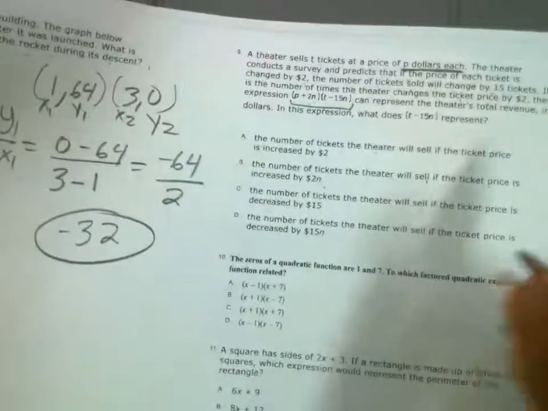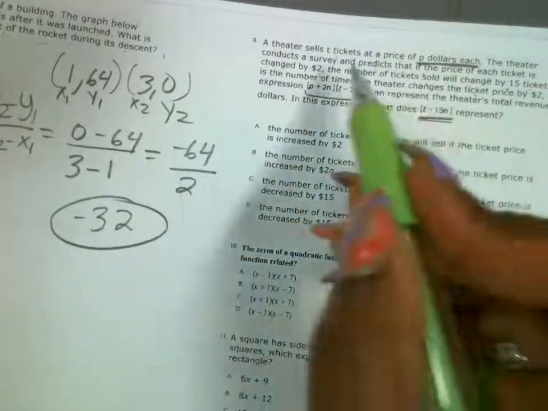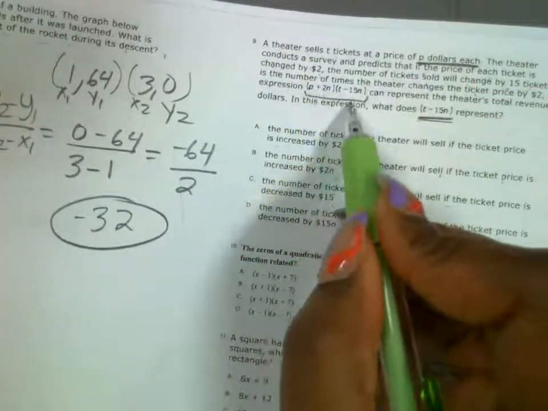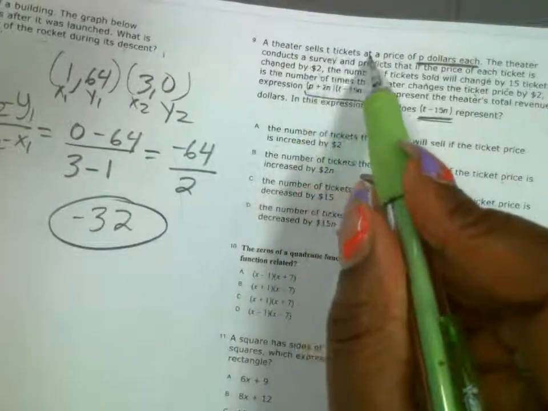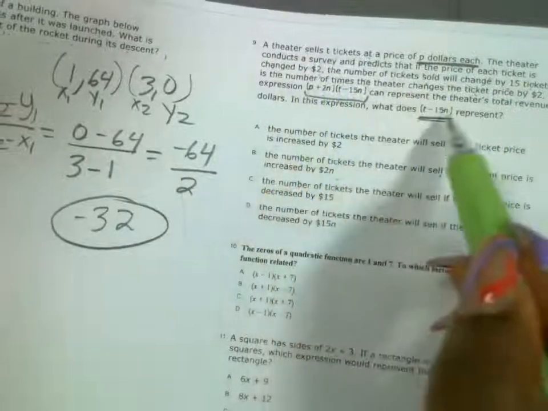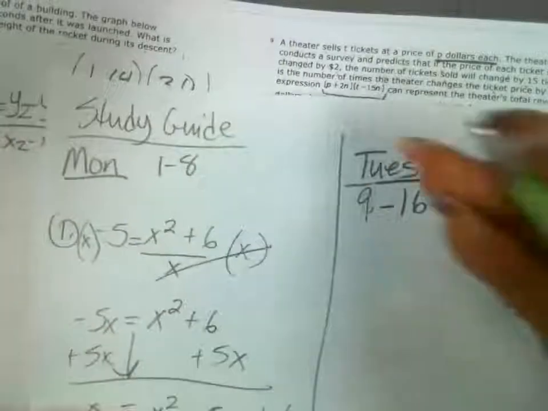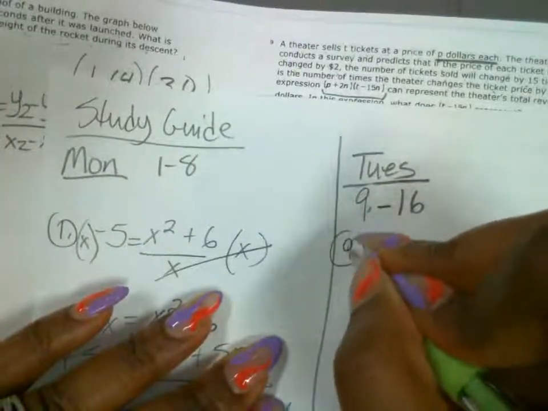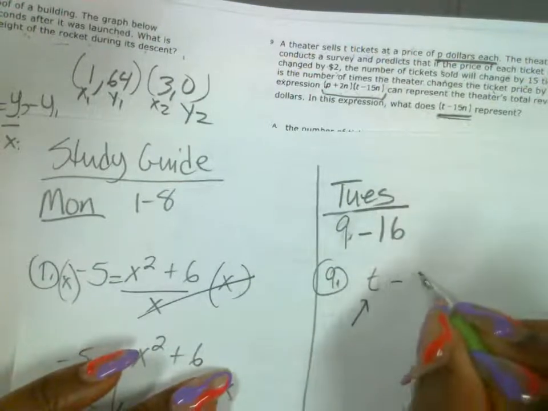Okay, so look, it's saying, what does this part represent? Remember right here it says a theater sells T tickets. So this is the number of tickets sold. So number 9, we got T. This part is T minus 15N.